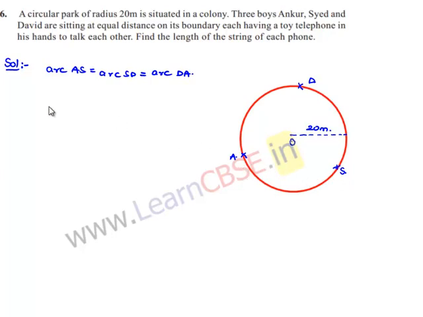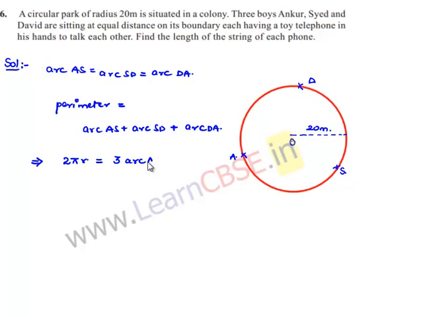We know that the sum of all the arcs, that is the perimeter, is equal to arc AS plus arc SD plus arc DA. The perimeter of the circular path is 2 pi r, where r is the radius, which is equal to, instead of arc AS, arc SD and arc DA, we can write 3 times arc AS, any one arc.